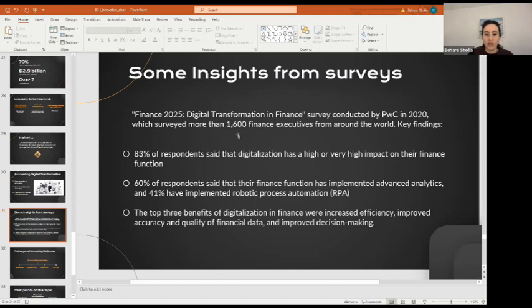In their survey, they interviewed finance executives to know from near how they approached this transition process. 33% of the respondents said that digitalization has a very high impact on their finance function. 60% of the respondents said that their finance function has implemented advanced analytics.